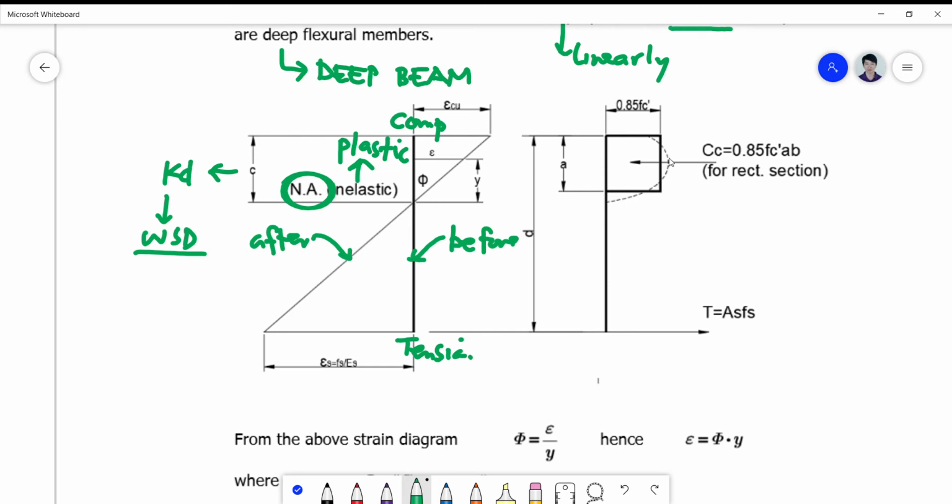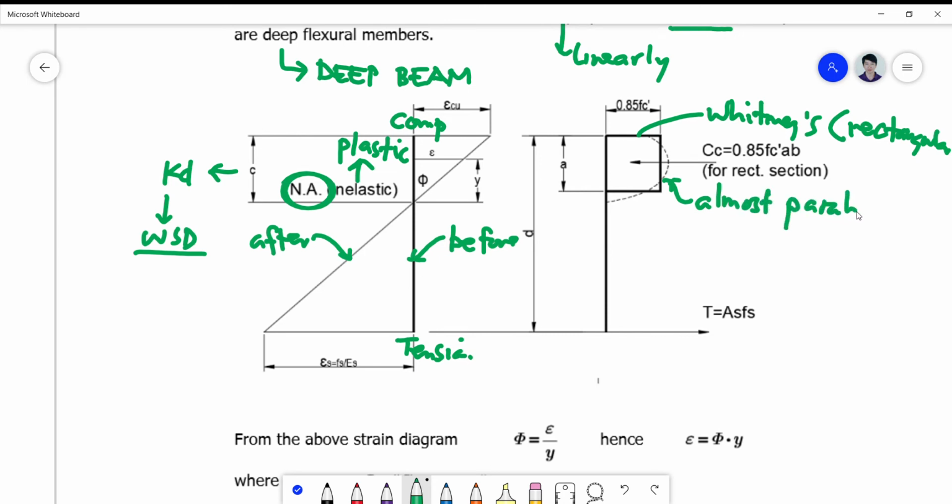And of course, your compression force resultant is actually defined on the basis of Whitney's stress distribution, which is rectangular in nature, but in actual situations, this is normally almost very near to a parabolic. Okay, it's not a parabola, but it's very close to it.